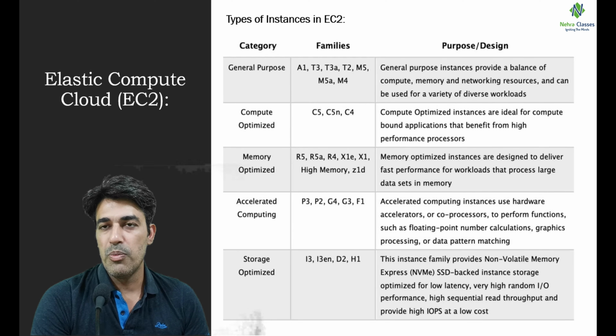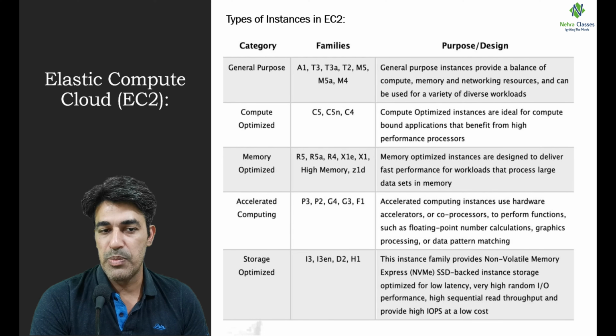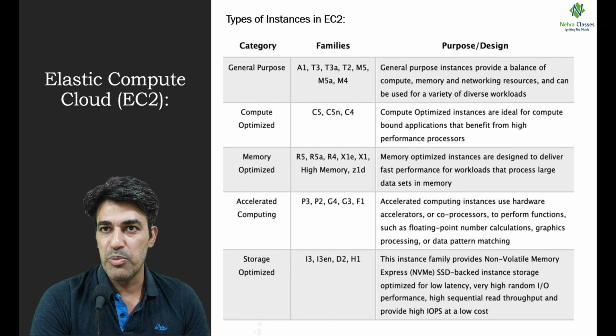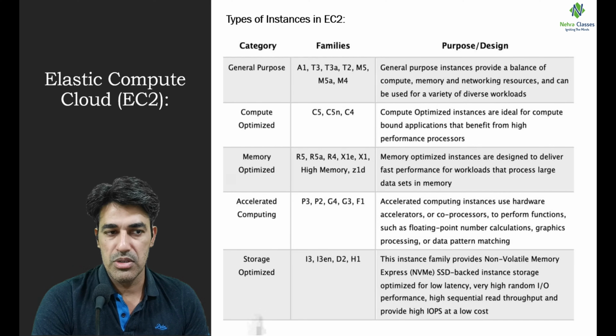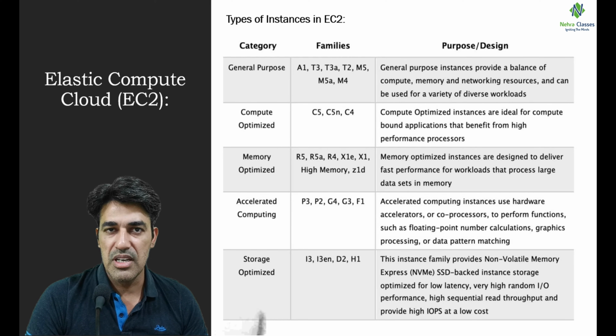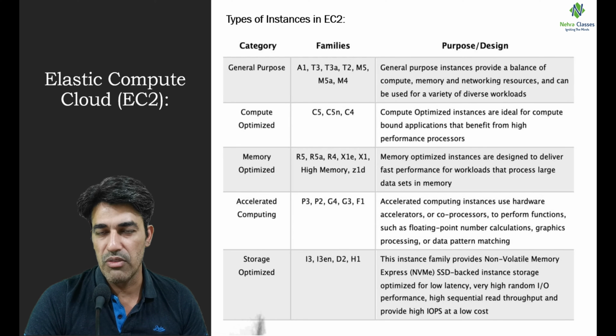And the storage optimized instance family provides NVMe SSD backed instance storage optimized for low latency, very high random input output performance, high sequential read throughput, and provides high IOPS at a low cost. So out of these 5 categories, you can choose the instance which is best for your requirements.